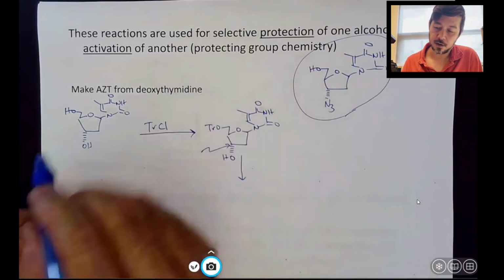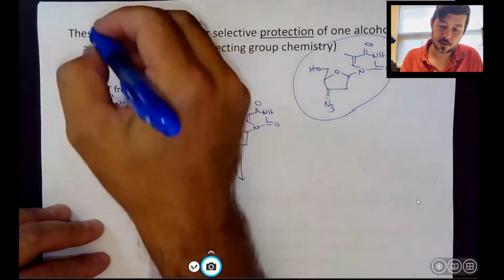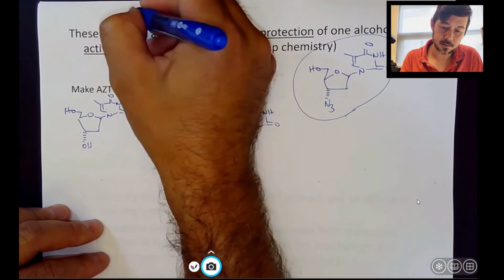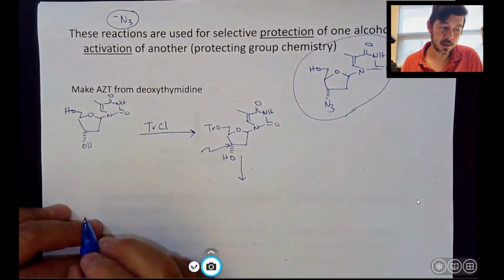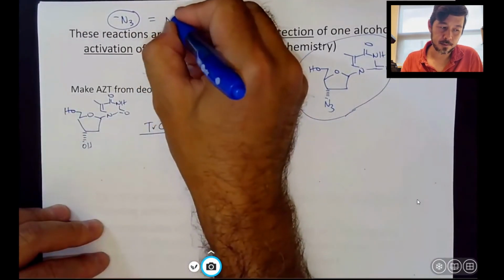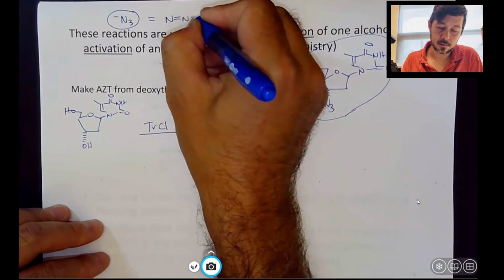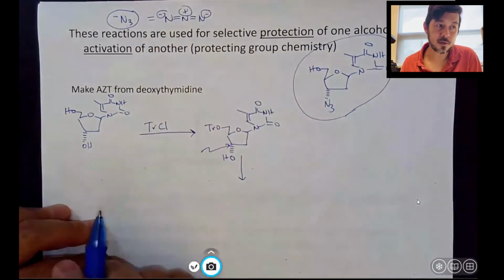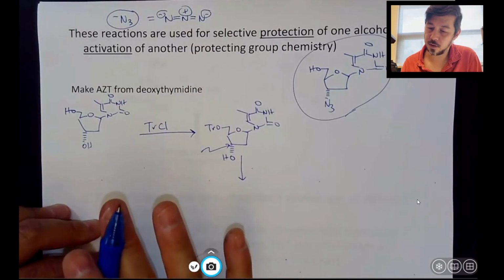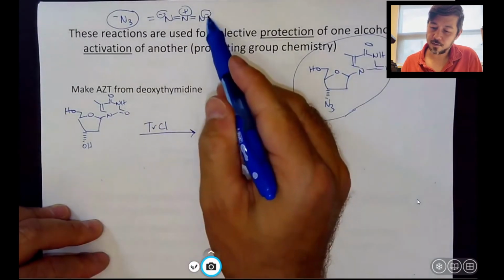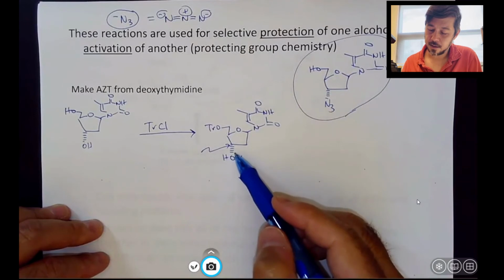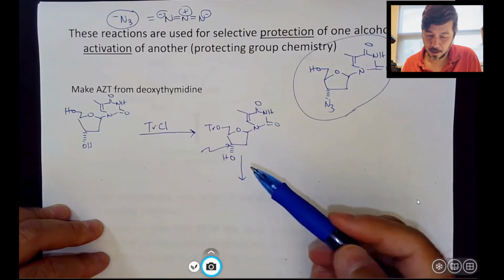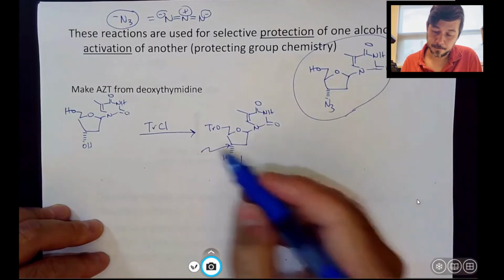A good way to add an azide is to add the azide anion, N3-, which looks like that. It's actually a pretty good nucleophile. If this were to come here and react, one of the problems is that the OH is not a good electrophile or not a good leaving group.